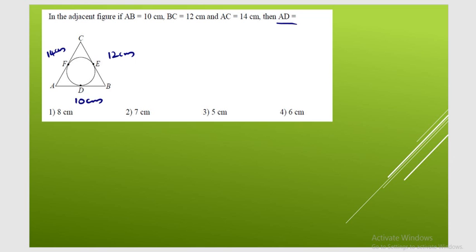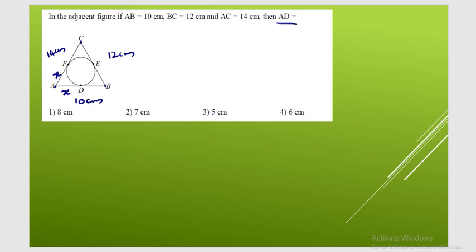Now if you observe this figure, A acts as an external point, B acts as an external point, and C acts as an external point to this particular circle. Since I need the AD value, I am considering AD as x. Clearly AD is equal to AF, so this length is x.